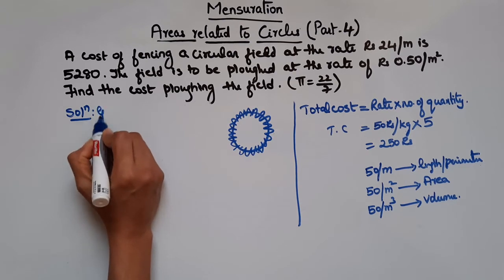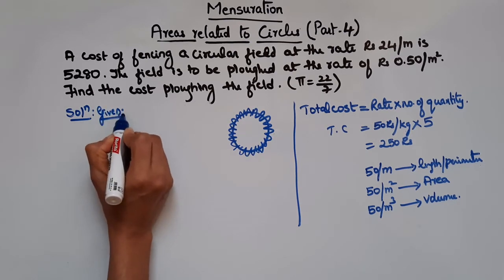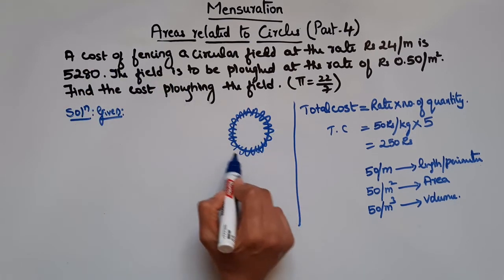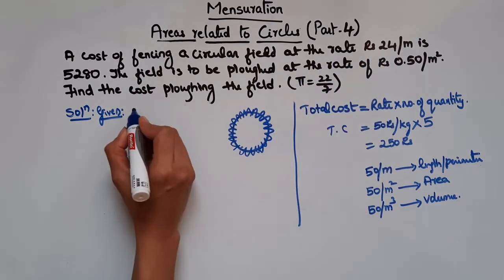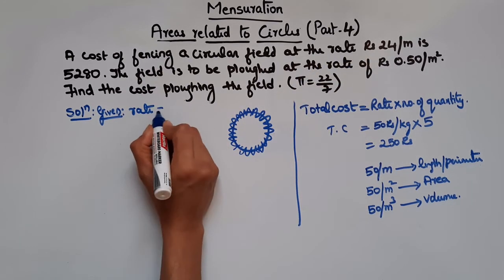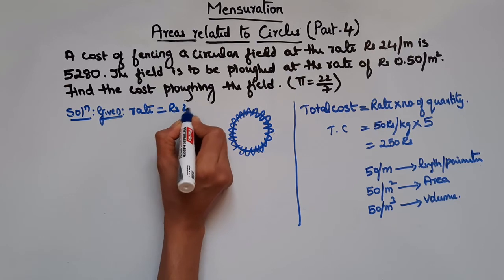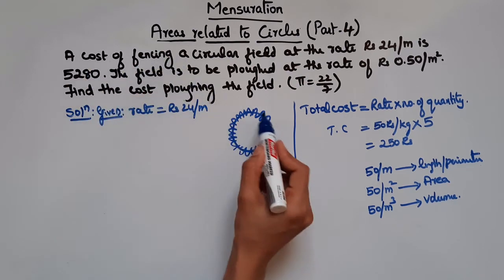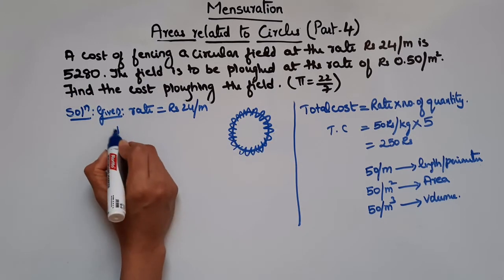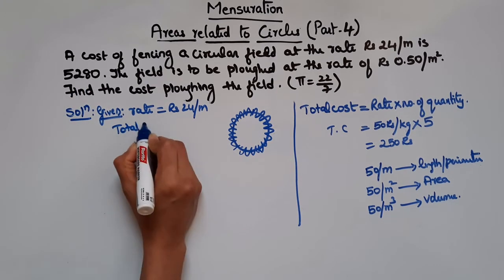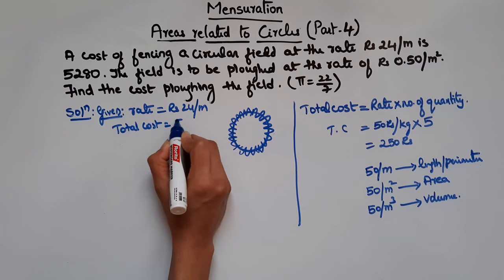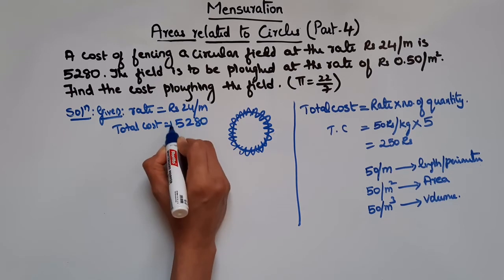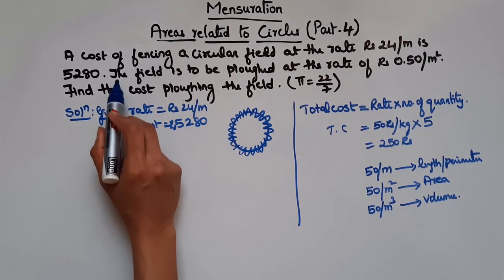So what is given? Given here is the cost of fencing this circular field at the rate of rupees 24 per meter. The total cost of fencing this circular field is rupees 5280. So the question continues.